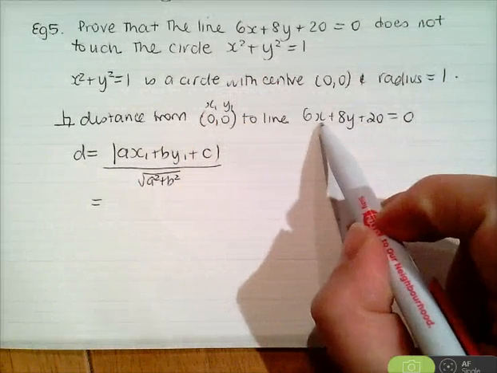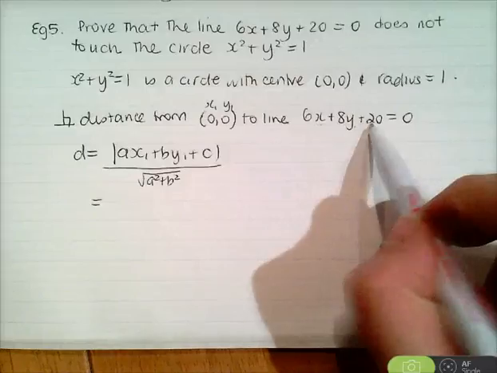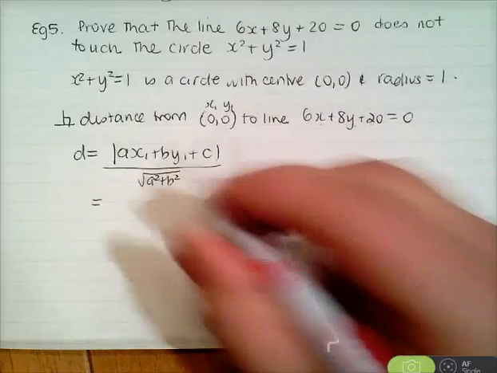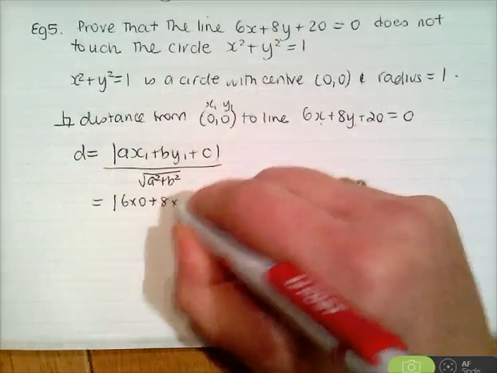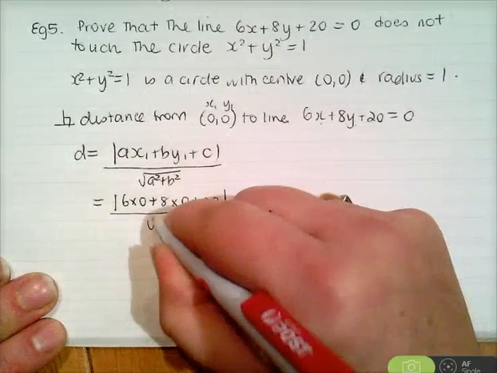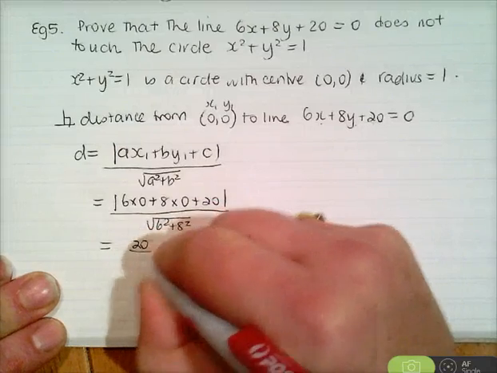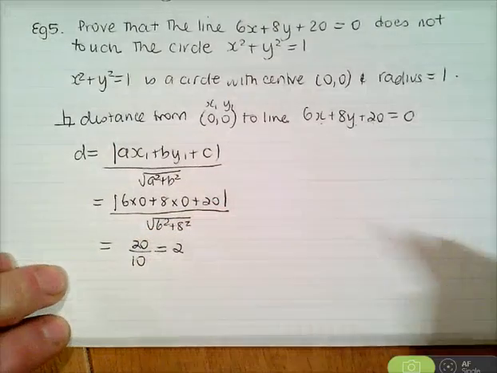So when we substitute our x1 and y1 here, we get 0 there, 0 there, and we just get 20. So we get the absolute value of 6 times 0 plus 8 times 0 plus 20, exactly the same calculation as before, over the square root of 6 squared plus 8 squared, and we end up with 20 over 10, which happens to be 2.